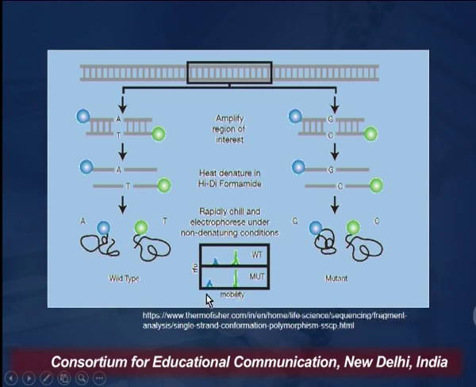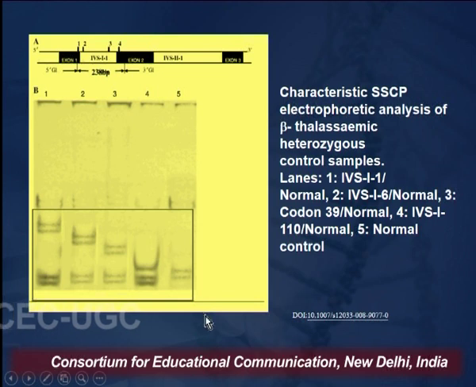So it tells us that there is some kind of mutation in this fragment because the tilt is displaced. So the single strand conformation polymorphism can help in detecting mutations and thus predicting or diagnosing the genetic disease that may occur. This is the pictorial representation.